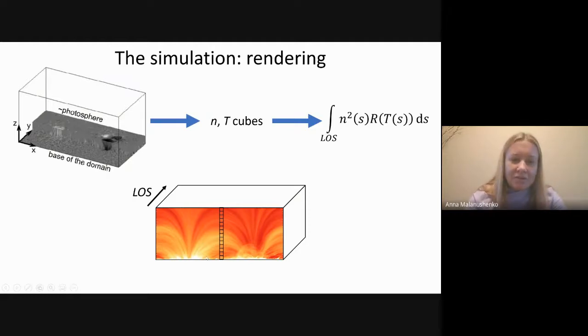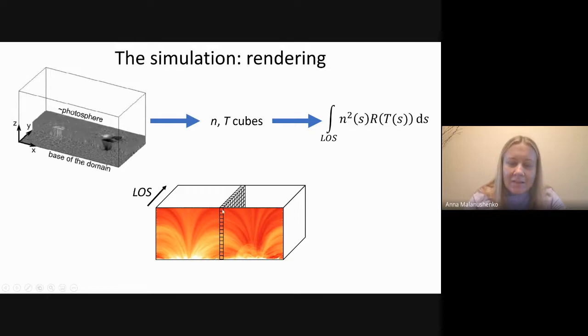In order to synthesize this image, I had to take the density and temperature cubes from the simulation above the photosphere. And there is a response function that takes into account atomic physics and all. And then I chose a line of sight, which is shown here by an arrow. And I basically calculated this function everywhere in the volume, density squared times the response function as a function of temperature in pixels in the volume, and then I integrated it along the line of sight.